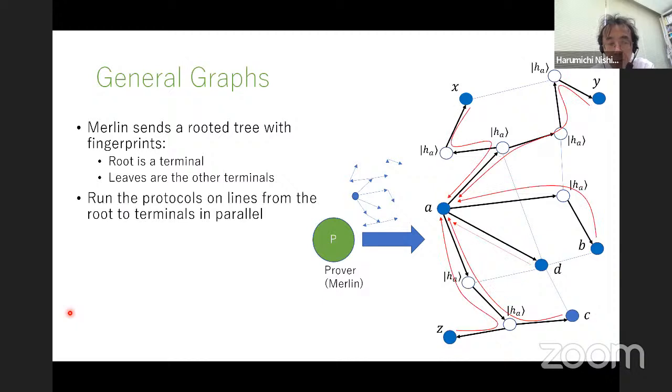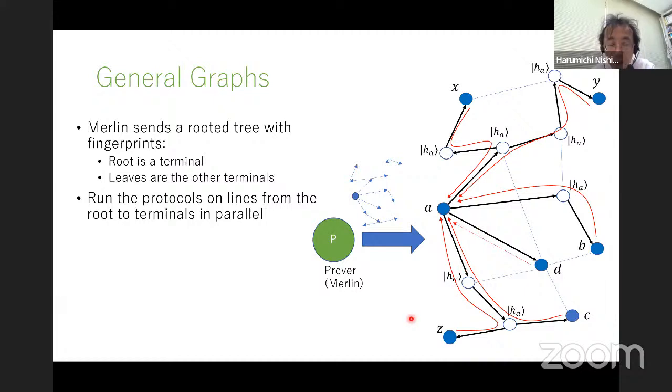Now, run the previous protocol from the root to the terminal in parallel. For example, consider this red line and run the line-case protocol, and also on this other path. Of course, if all inputs A, B, C, D and so on are the same, then the protocol accepts with probability 1.